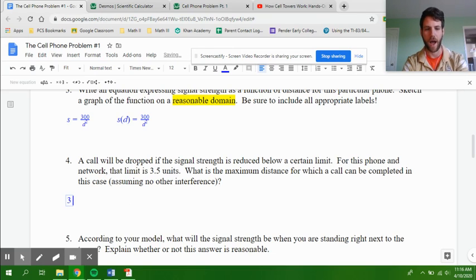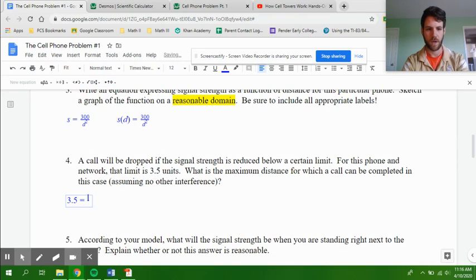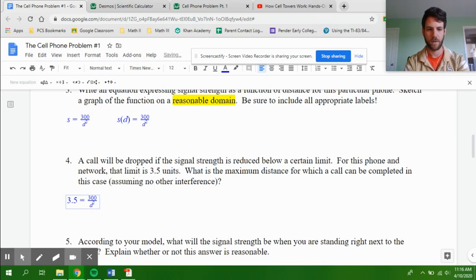And signal strength is the y, so we have to put it in for y equals 300 divided by d squared, 300 over d squared. And so we just need to solve that equation for d. So the first thing we do is multiply both sides by d squared.